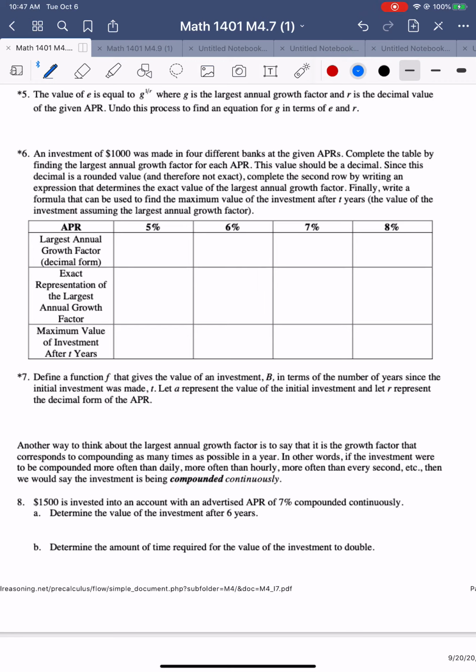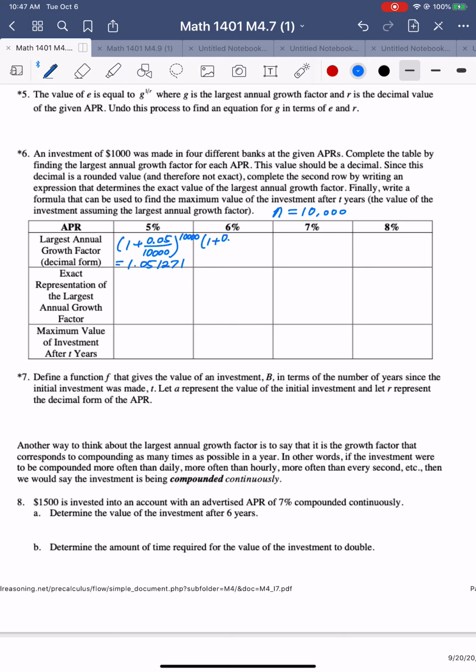So the largest growth factor is here. What I can do is assume that n is 10,000, which is big enough, right? This is actually more than hourly, okay? So 1 plus 0.05 as a 5% over 10,000 to the 10,000 power, and then it becomes 1.051271. So the next one is now 6%.